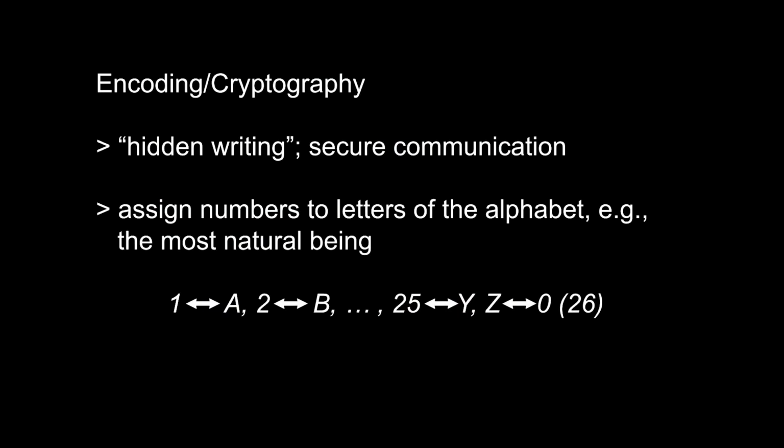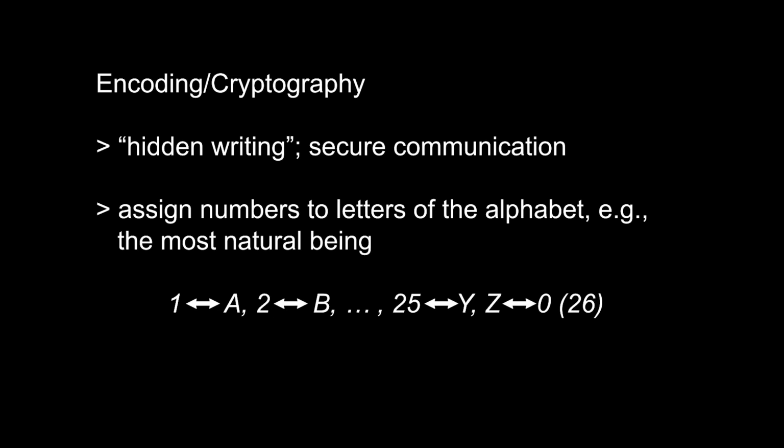Again, we use mod 26 in a very simple representation of our English alphabet because the application I would like to discuss today is in encoding or cryptography. Cryptography literally means hidden writing, the purpose of which is secure communication. For our discussion today, let's just assign numbers to letters of the alphabet.